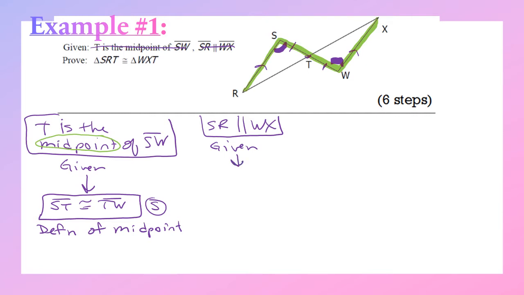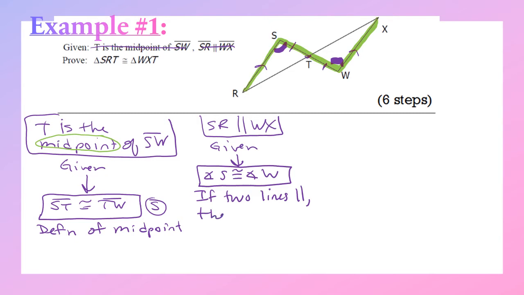So I can say that angle S is congruent to angle W. And I know that because if two lines are parallel, then alternate interior angles are congruent.